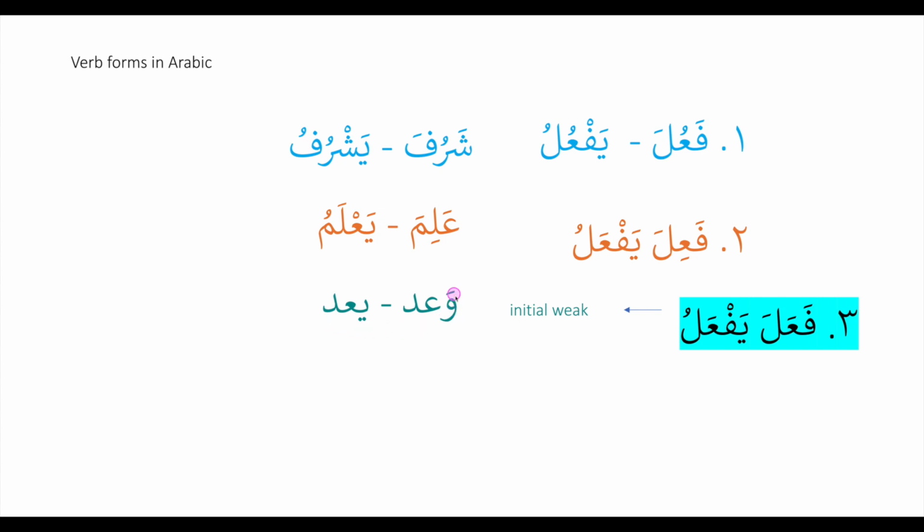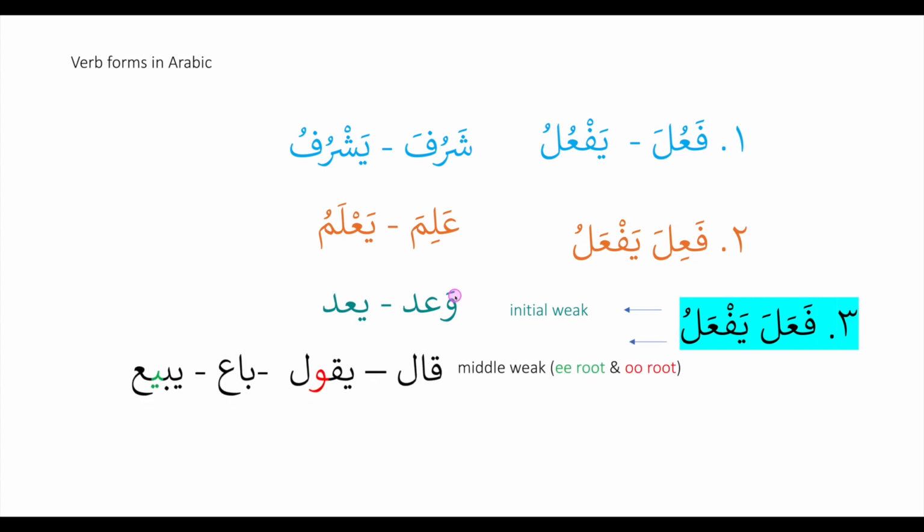Wa'ada ya'idu. What does that mean? Well, the waw gets deleted, as you see, and here it is replaced with a ya, which is the conjugation for he, third person. But again, this is not an issue in dialect, because people in dialect tend to keep the waw if they wish, and some people tend to delete it, going with the standard grammar.